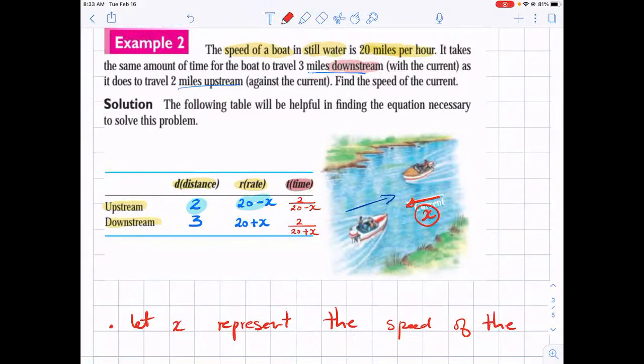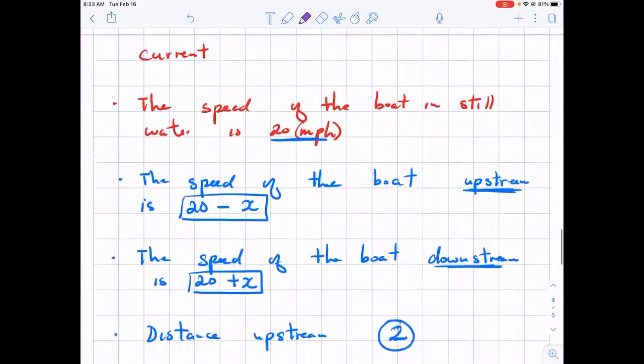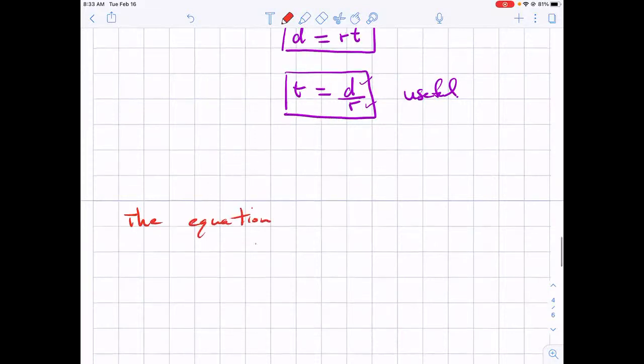So the times are equal based on their distance, and that's our equation. The equation is 3 over 20 minus x, because the time is the same, is equal to 3 over 20 plus x.